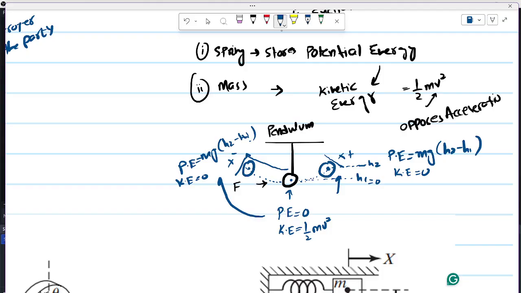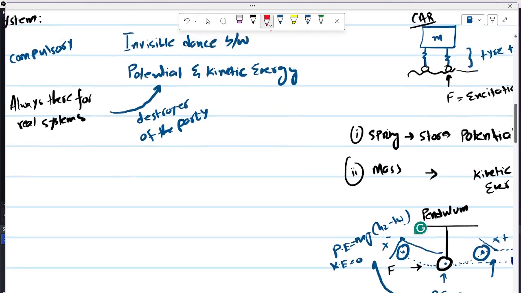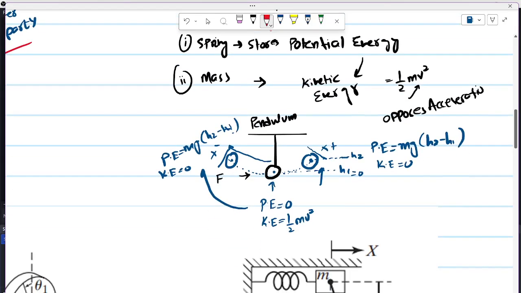It will stop only when there's a third one, which I call the destroyer of the party. Maybe there is some connection, nut or bolt, which is not very lubricated, or there's air that is resisting the movement of the pendulum.